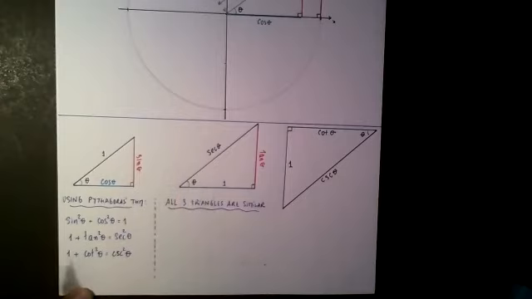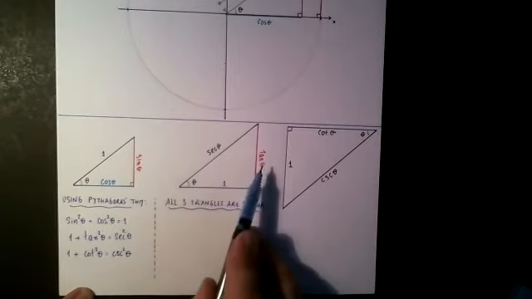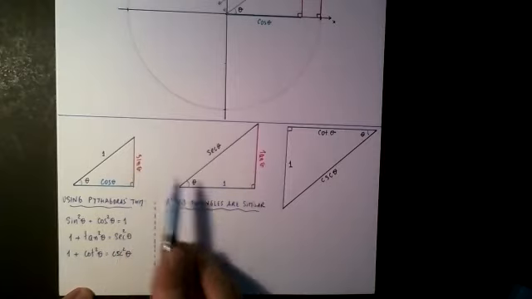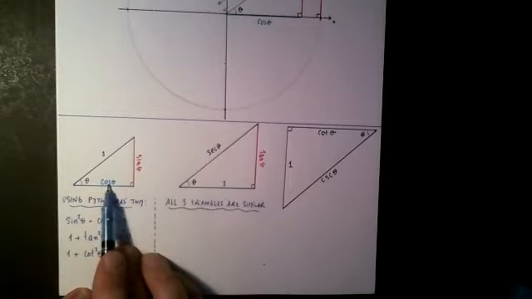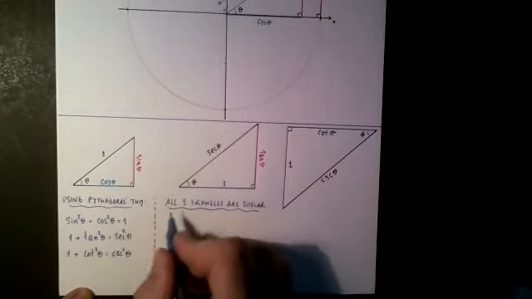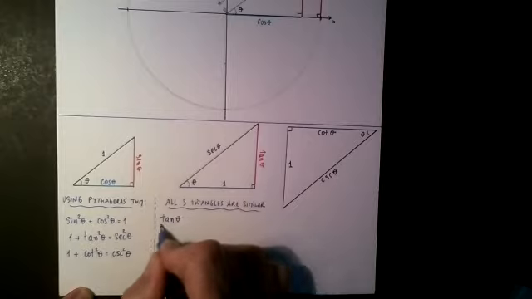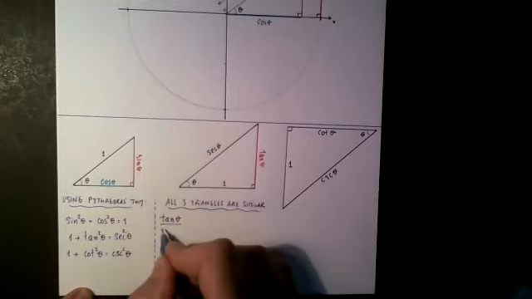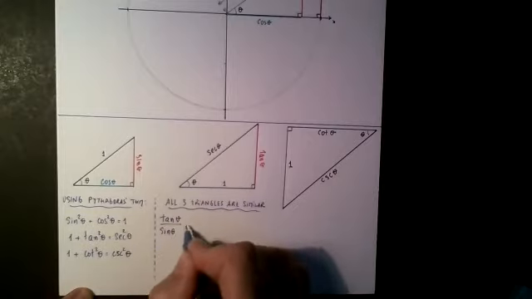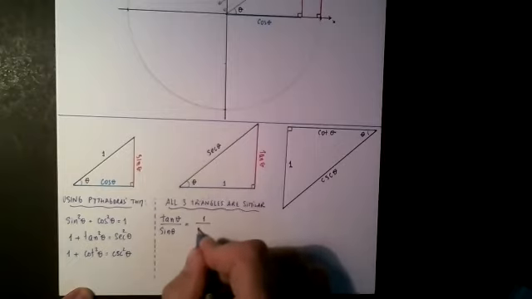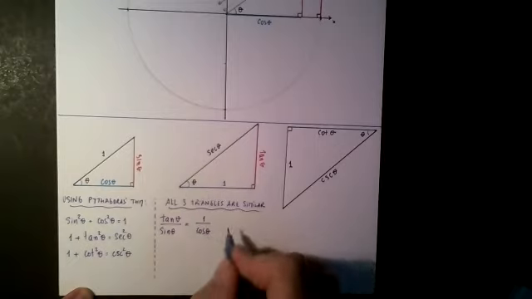So let's do, for example, tangent divided by sine has to be the same thing as 1 divided by cos. Let me write this down. Tangent theta corresponds to the sine, so divided by sine theta is equal to 1 divided by cos theta.